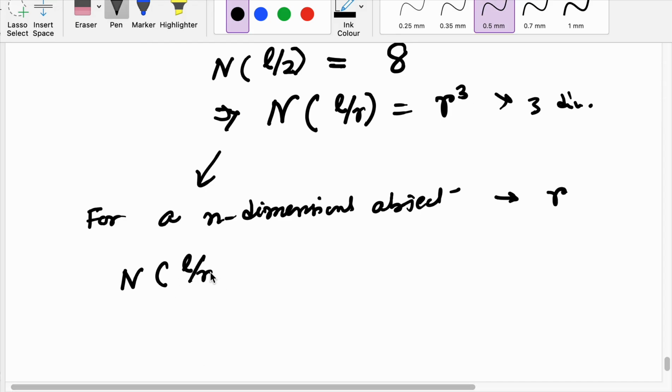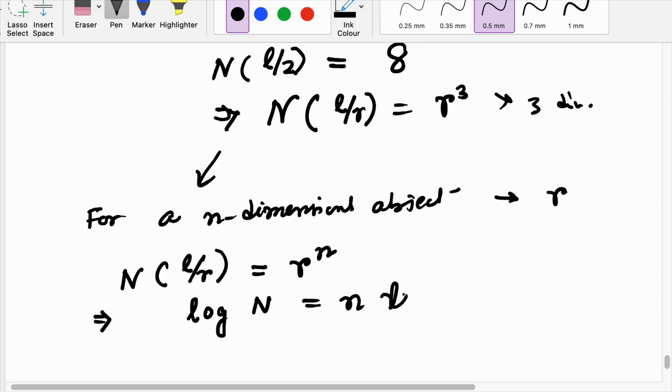N will be equal to r to the power n. If I take the logarithm of every part, ln N should be n log r.